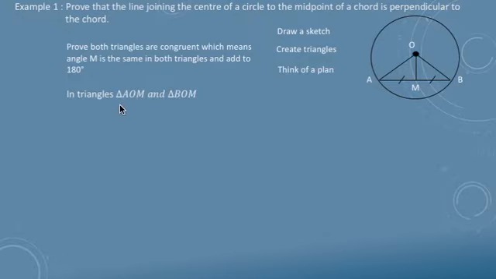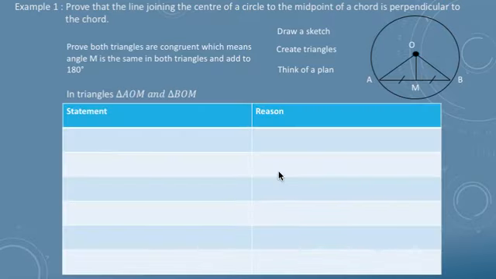In triangles, that's the triangle symbol, AOM and BOM. Again, making sure you're tracing them the same. See how we've gone from the circle to the centre to the midpoint, and then again for BOM, circle, centre, midpoint. You must trace them the same way, otherwise they're not the same triangle. We need to show our statements and give a reason.